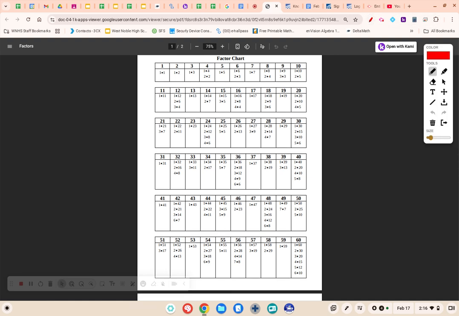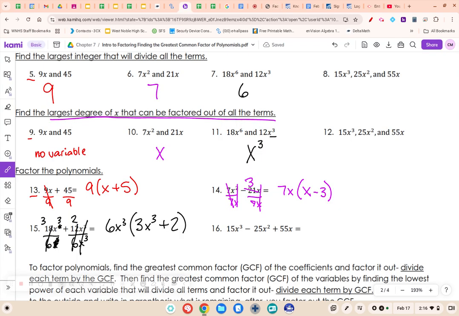The biggest number in all of these is the number 5. So numbers-wise, that is our GCF. Letters-wise, the biggest one we can take out is just x. So what goes outside of our parentheses, we put those together, is 5x. Then we divide each of these by 5x.